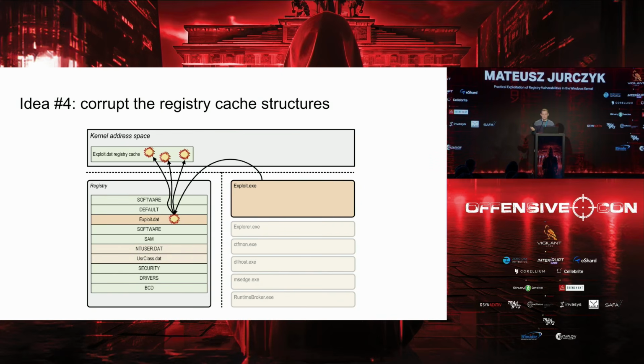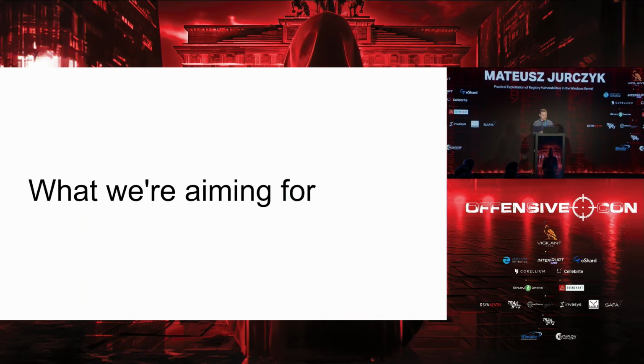For example, you have structures such as KCBs, which stands for key control blocks, and they have some of the same data that is stored in the hive mapping. So if you corrupt the hive mapping and you create some inconsistency between the hive and the cache in the kernel pools, then you can also trigger some kinds of use-after-free and other memory corruption. But again, this boils down to page pool memory corruption.